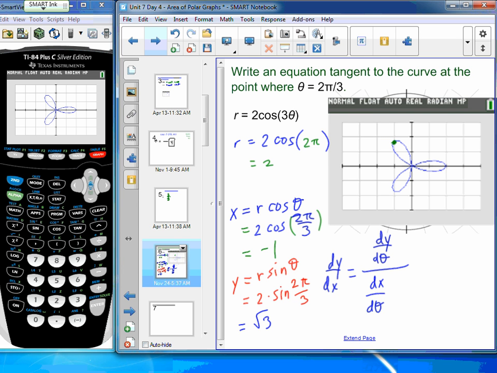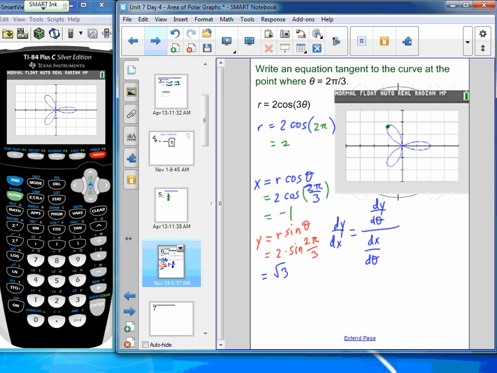What's r? R is whatever my polar defined function is. In this case, it's 2 cosine of 3 theta. So what is y? Well, y is given by f of theta times sine of theta. So it's 2 cosine of 3 theta times sine of theta.